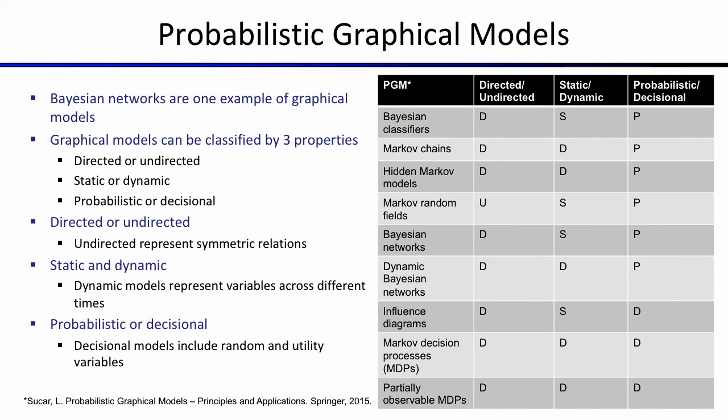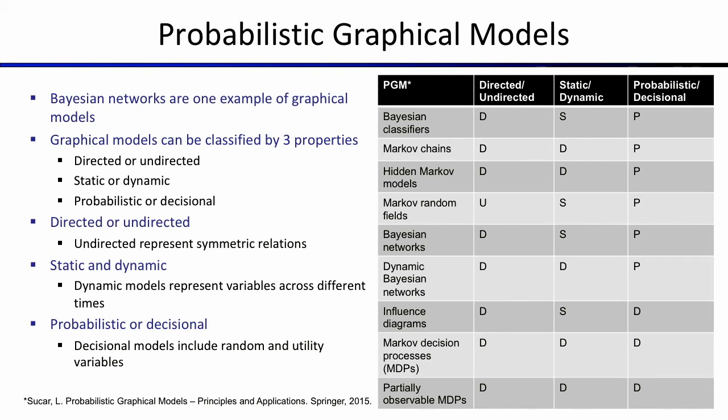So there will be dynamic. And probabilistic or decisional is exactly what you are imagining now. So there are some probabilistic graphical models that give us a probability as an answer. The decisional ones will take the probability plus some other information and will compute the utility function that will give us a utility, and use the utility to make a decision. So these are the possibilities.